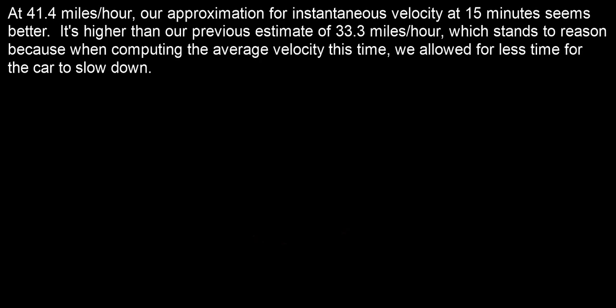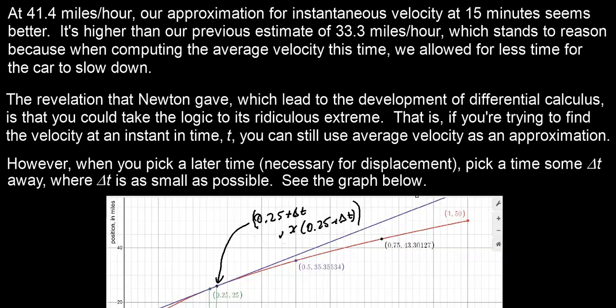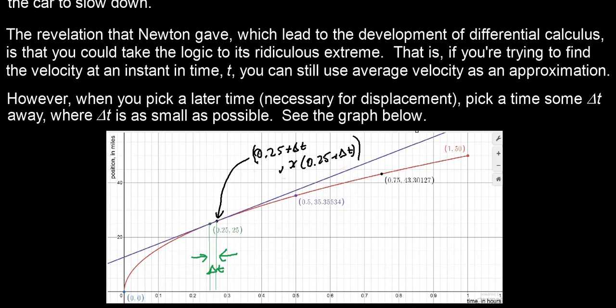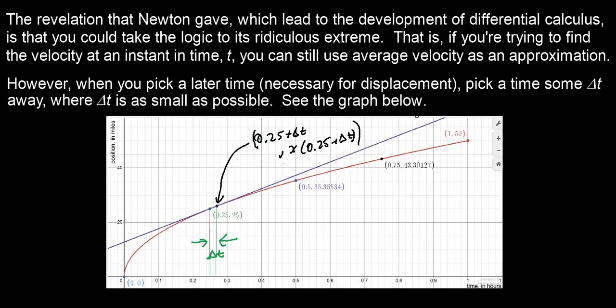Going by that logic, if somehow we could do that, we would have the exact velocity at that 15-minute mark. Right? And this is the heart of what differential calculus is talking about. We take that logic to its ridiculous extreme, still using average velocity as a pillar to compute this.